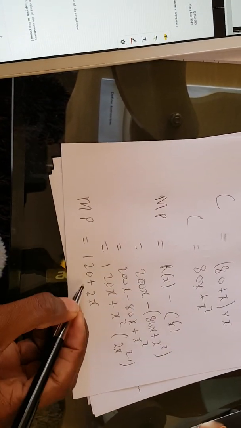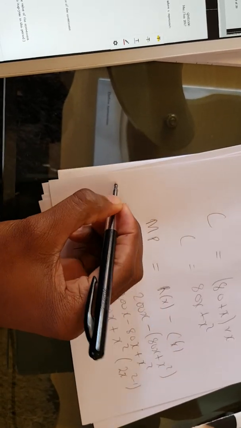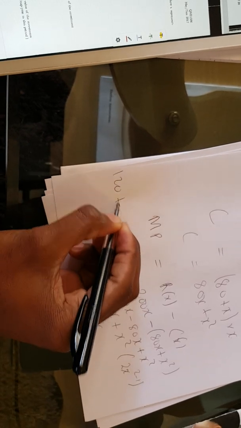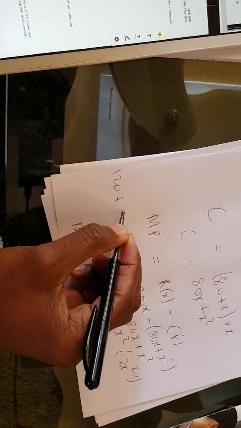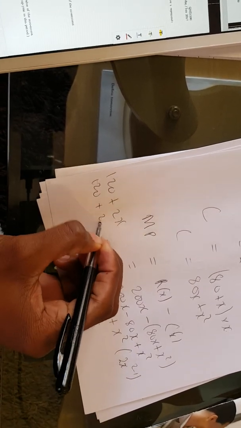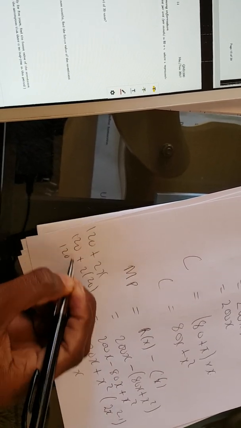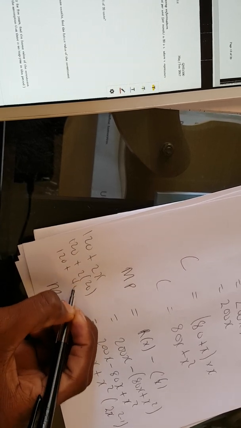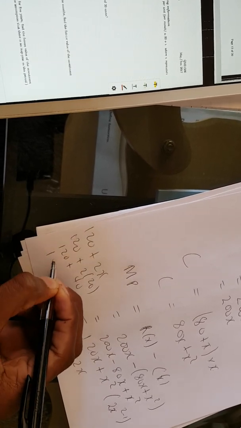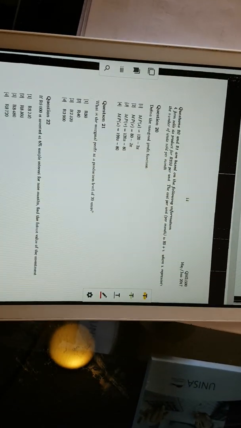So now you take this answer, 120 plus 2X, and it will be 120 plus 2 times how much is our X? They said production at 20 units, so it's 20, so it's 120 plus 40, which is 160.